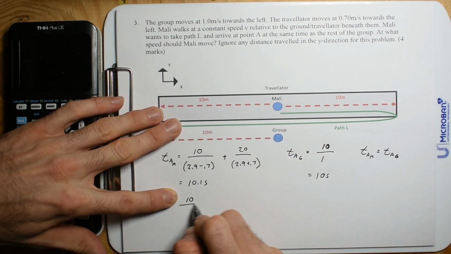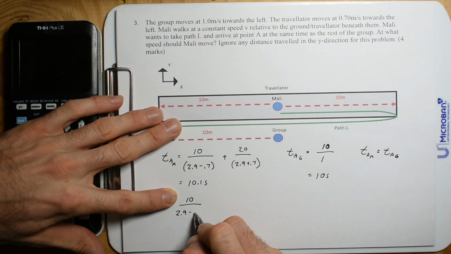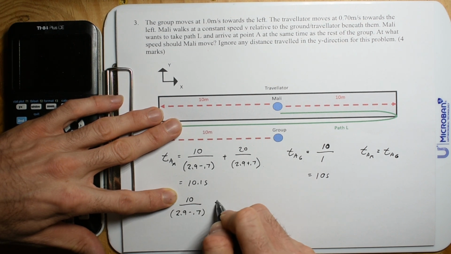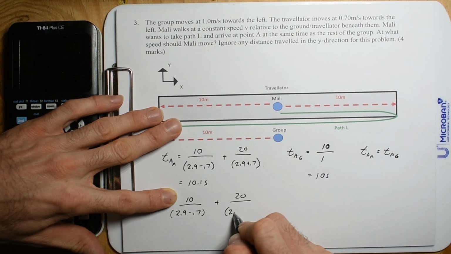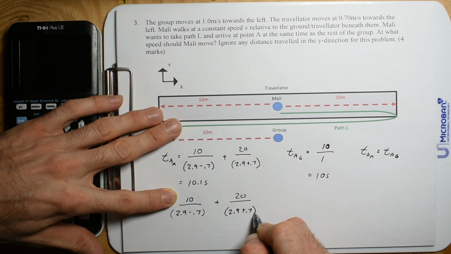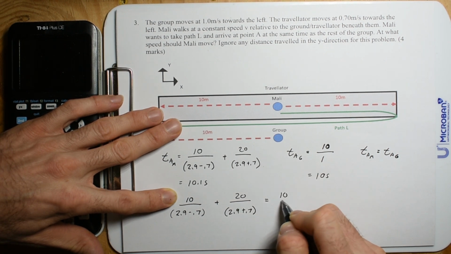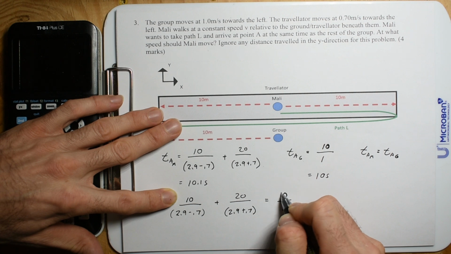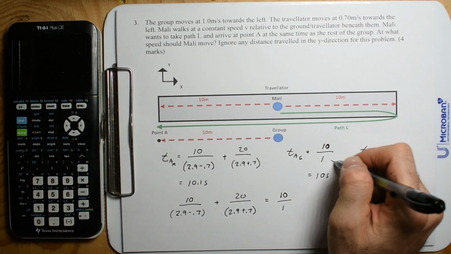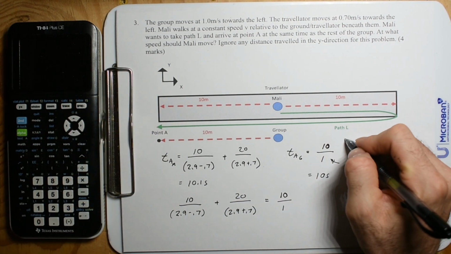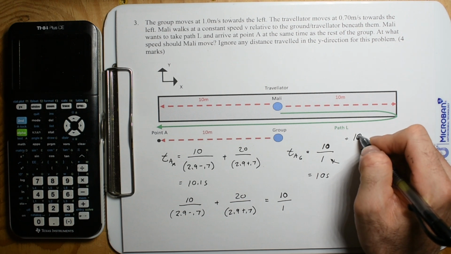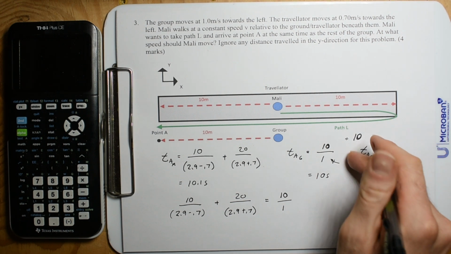So then we can just write this: 10 divided by 2.9 minus 0.7 plus 20 divided by 2.9 plus 0.7 is equal to 10 divided by 1. And this is actually going the extra mile to say this is 10 divided by 1. I didn't do that the first go around. I just said it was 10. But this was actually helpful.